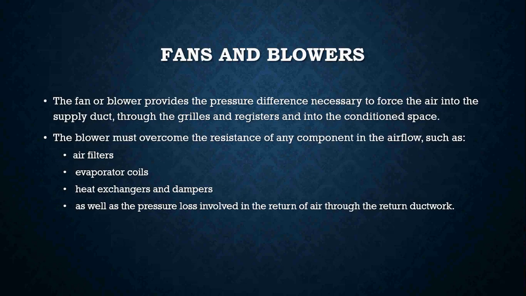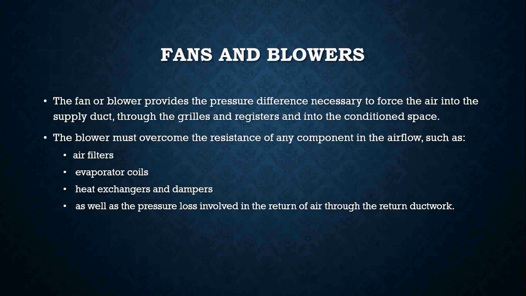When it comes to our fans and blowers, the fan or blower provides the pressure difference necessary to force the air into the supply duct, through the grills and registers, and then into the conditioned space. The blower has to overcome a lot of resistance from any component in the airflow.